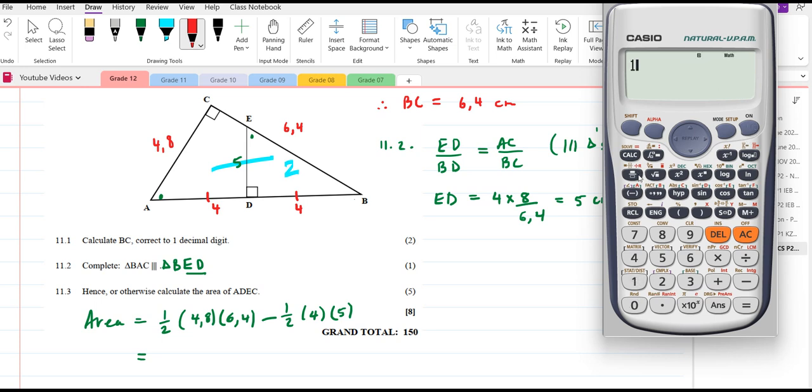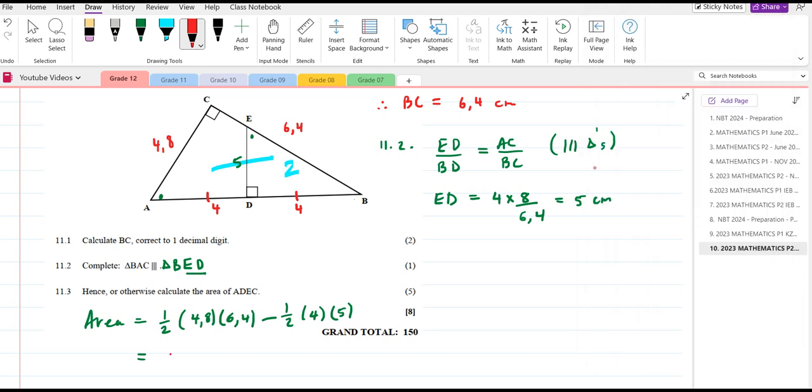Half times 4.8 times 6.4, so I'm getting 15.36.